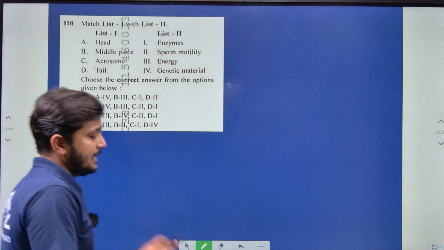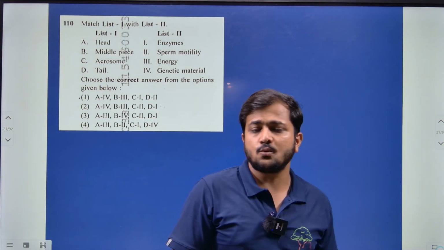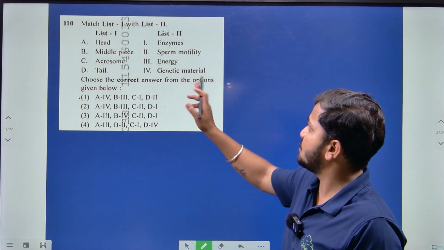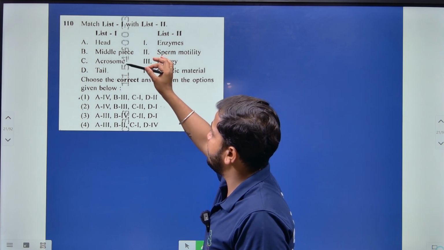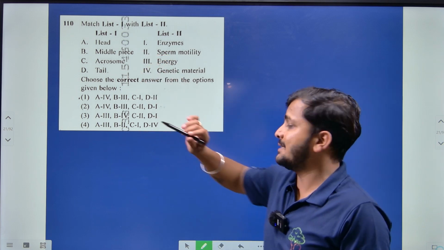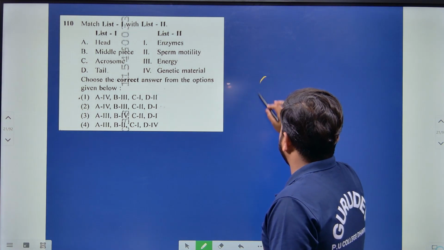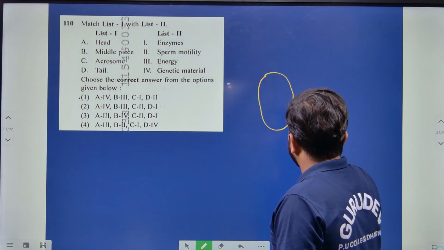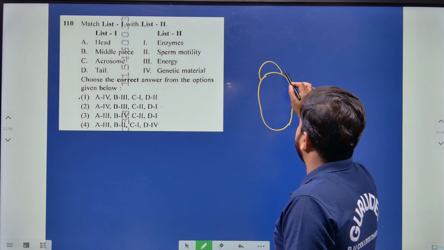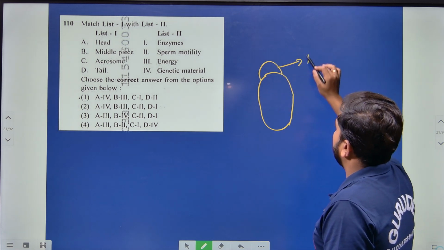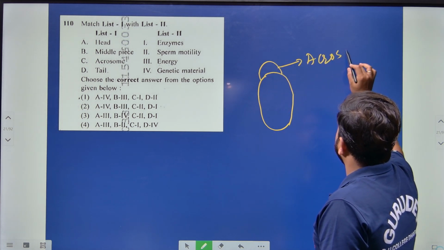Then moving on to the next: match List 1 with List 2. Here they have mentioned head, middle piece, acrosome and tail, which is related with the sperm. If I see the structure of a sperm, it has a head, and on the head I find the cap, which we call the acrosome.